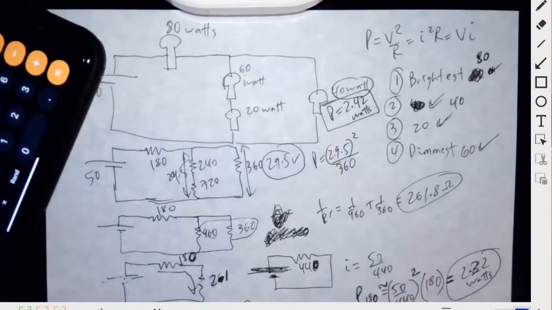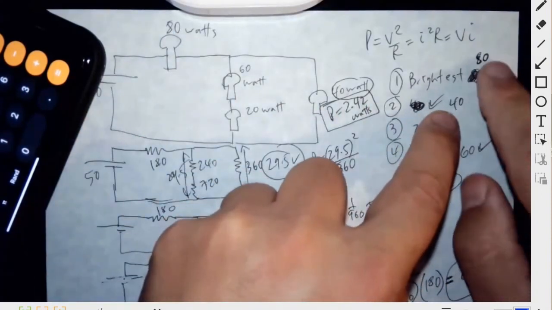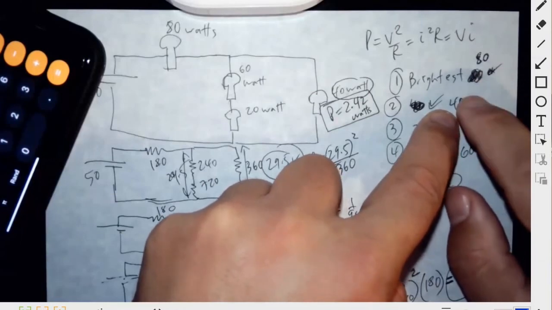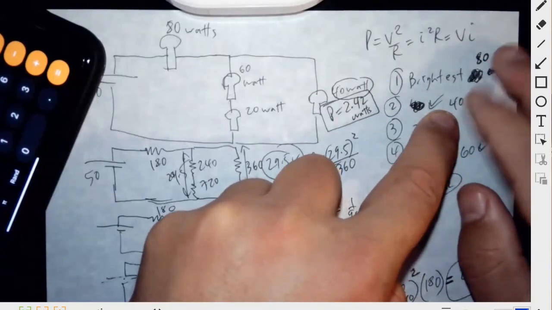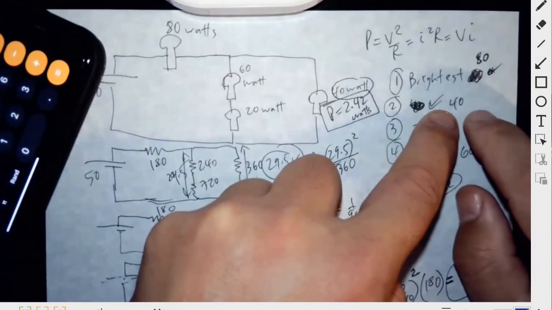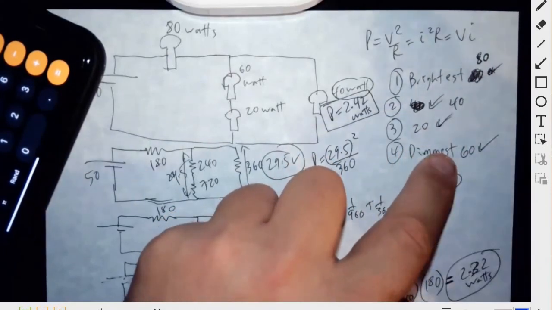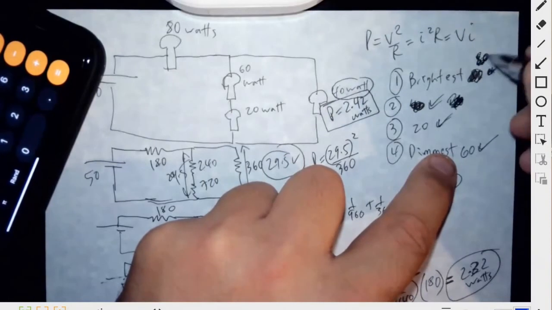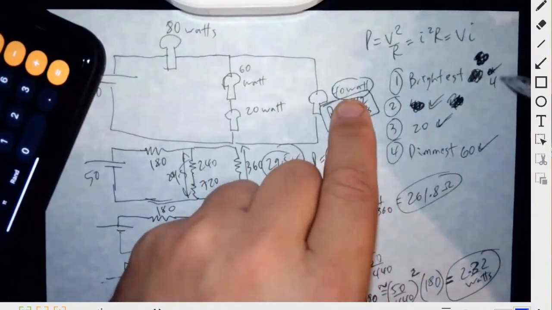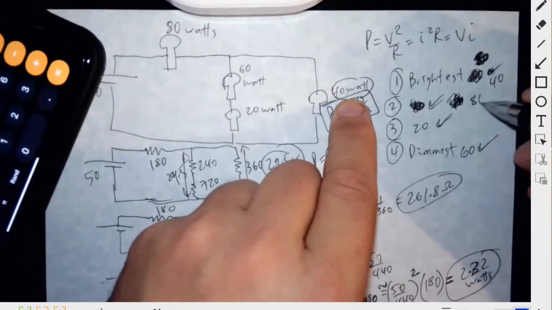I don't think I could have guessed that either. I was going to guess either 80 or 40 as the brightest, but I wasn't sure either. You know, it was actually the, wait, did I write correctly? No, I didn't write correctly. This is the 40 wins, and the 80 is actually second.